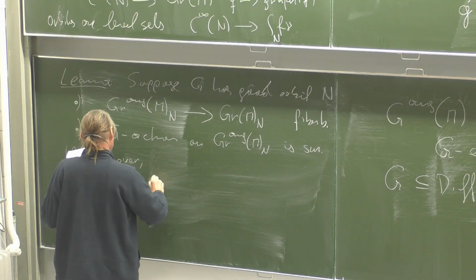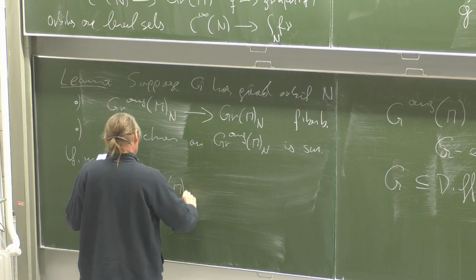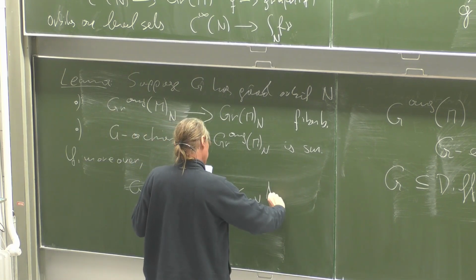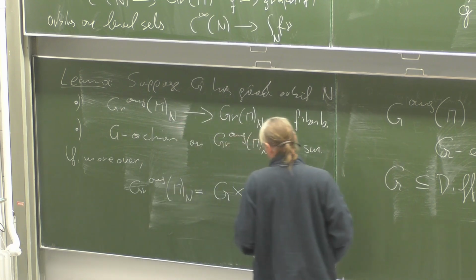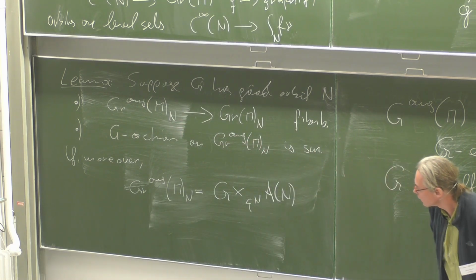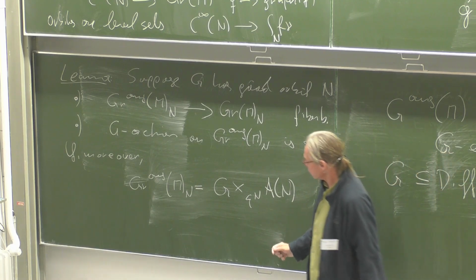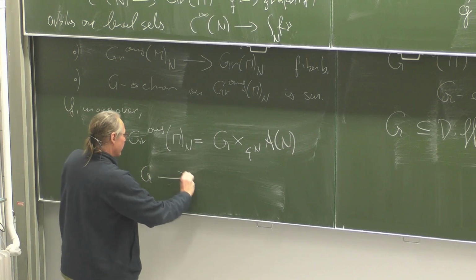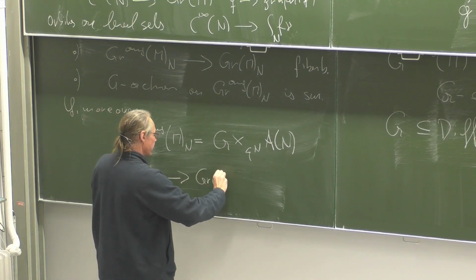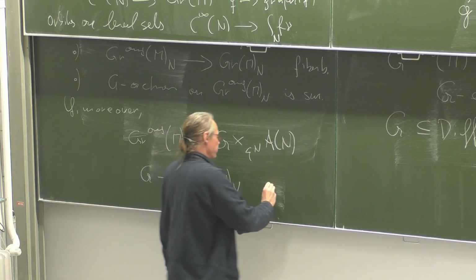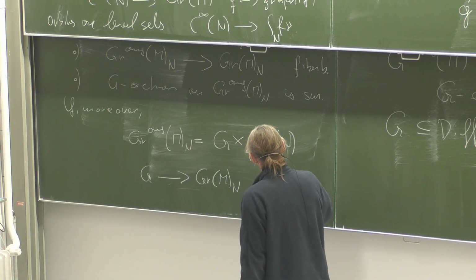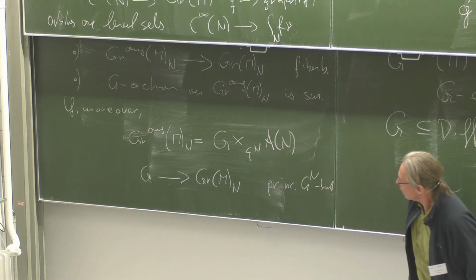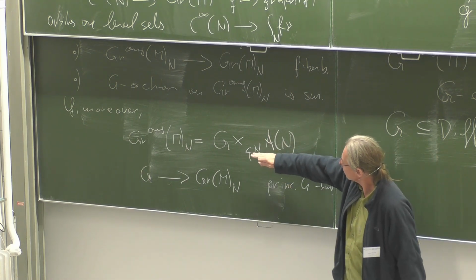It is just the associated bundle: if the isotropy is good, then we have a principal bundle, and the G action on the principal N bundle gives the associated bundle.